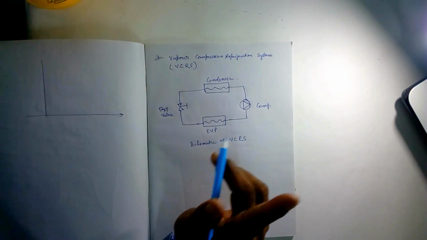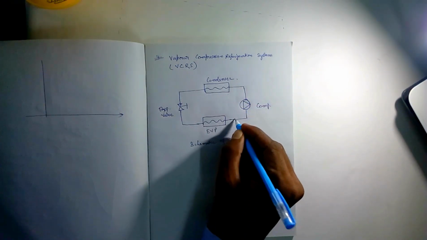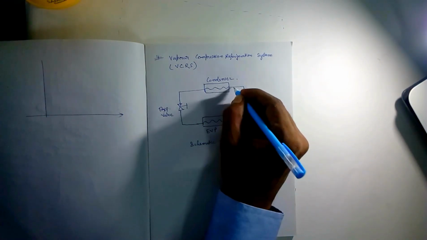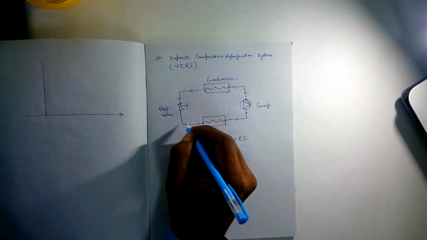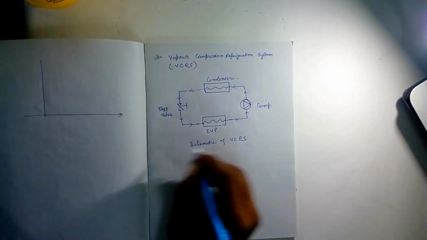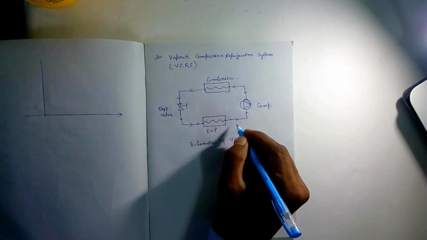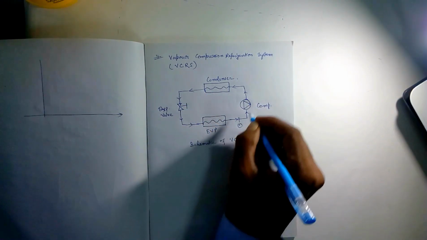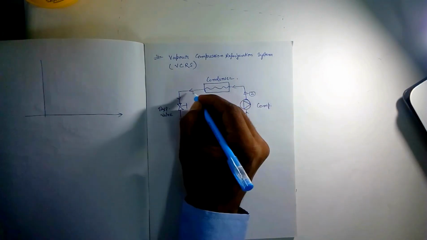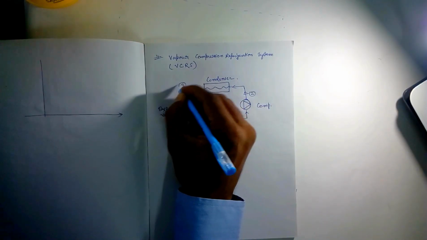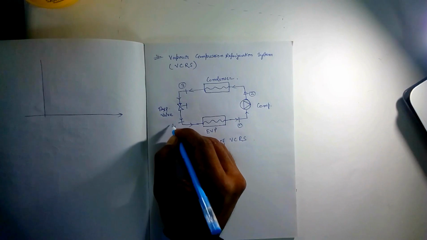The first and foremost thing that you have to understand is that in this circuit a refrigerant flows. Let me point out, this is point 1, this is point 2, this is point 3, and this is point 4.